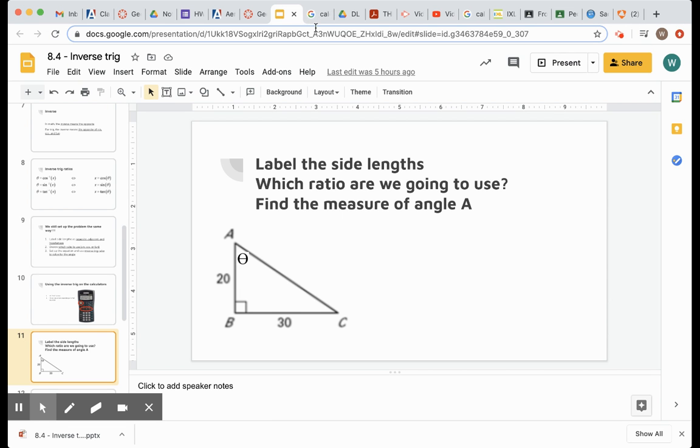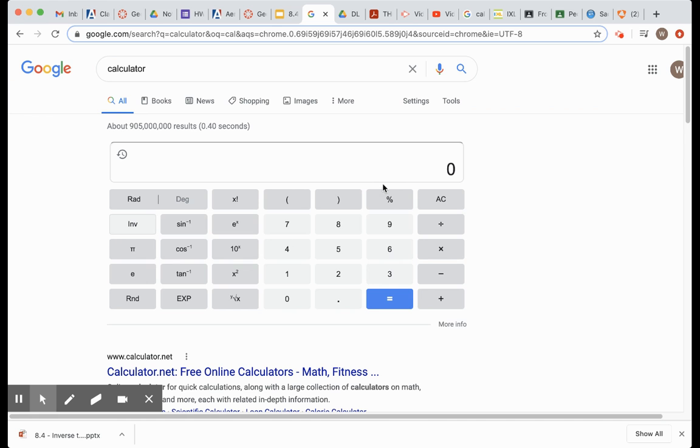Let's see if we can get that same answer by using the Google calculator. Let's take a look. I wish I wouldn't have erased that equation, but I think I can remember it. I have it still on my calculator. So we're going to hit inverse tangent of 30 divided by 20. We close the parentheses and we see, look at that, we got something different.